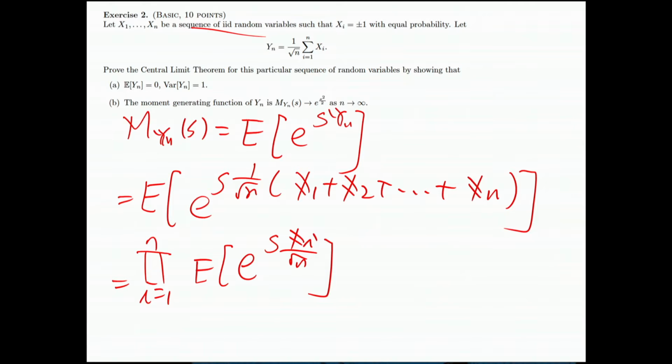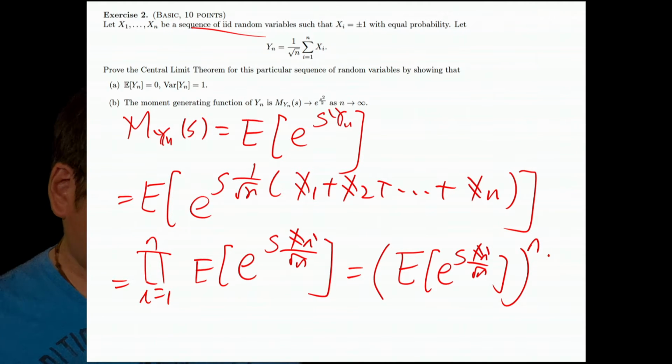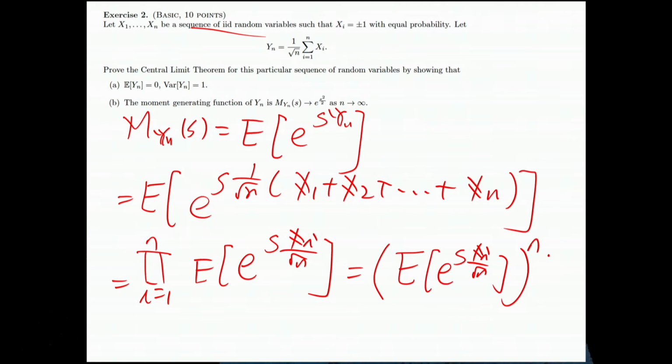And since they are IID, they are the same, so actually it's the expectation to the power n.